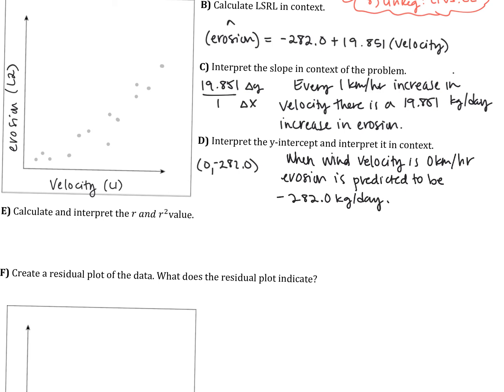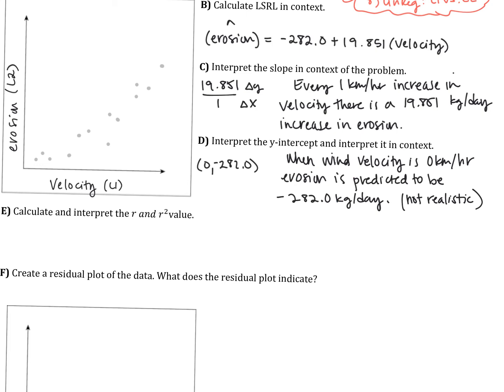And honestly, your y-intercept interpretation may not always make sense. It may not be realistic because your y-intercept most of the time is pretty far off of the scope of the graph. So it's being extrapolated. So that's okay if it doesn't make sense.